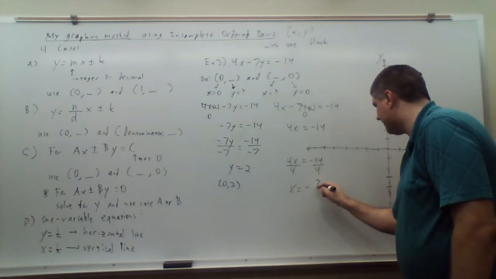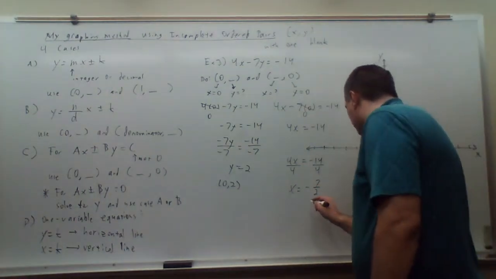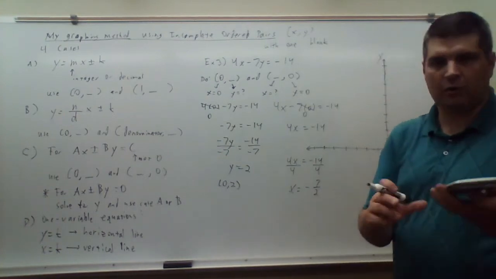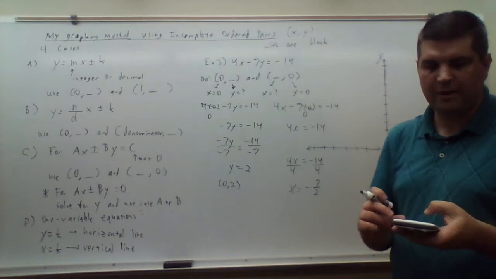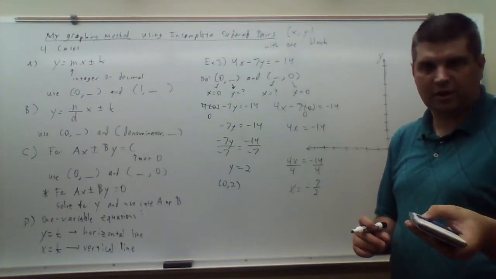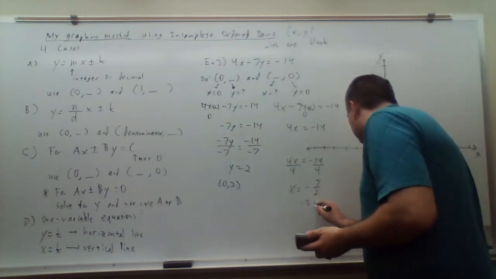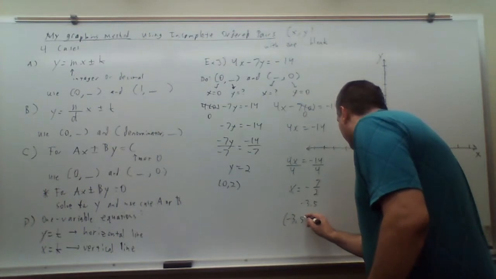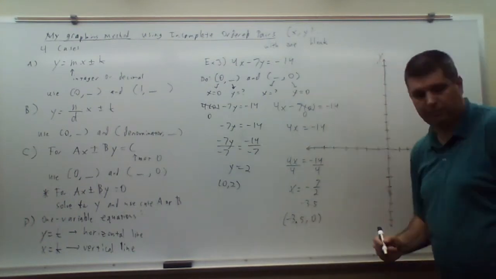So negative 7 halves, which is not very helpful when it comes to graphing. So what I'll simply do is pretend I don't know what the answer is. I'll grab my calculator and do negative 7 divided by 2. If my calculator doesn't give me a decimal, I'll hit the conversion button and it will give me negative 3.5. So we have negative 3.5, 0, because x is negative 3.5, y is 0.